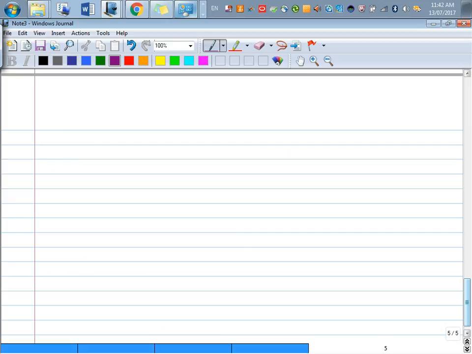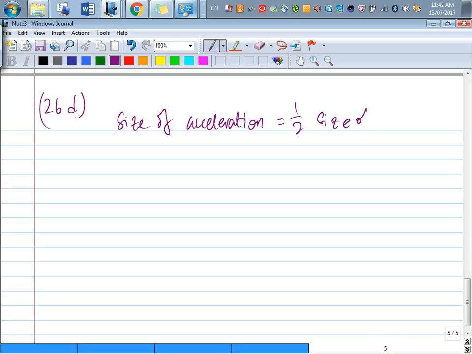So this is 26D. They tell you that the size of acceleration, that means the magnitude, equals half the size of deceleration. The starting portion, part A, we calculated deceleration, right? So what is the magnitude of the deceleration? 2.